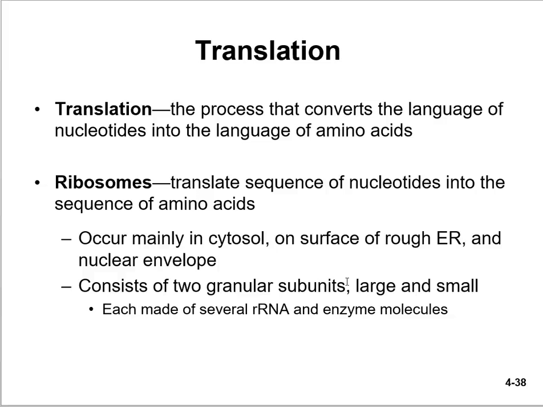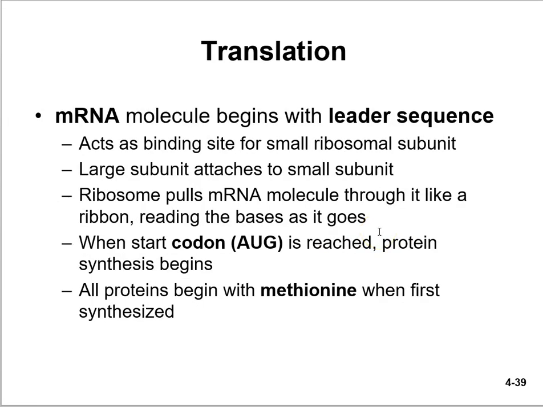Again, ribosomal RNA looks very clumpy. It's kind of like 2 fists clumped together. There's a large part and a small part. The way they fit together helps to lock onto the mRNA strand, to read its codons, to be able to put together the right sequence of amino acids.